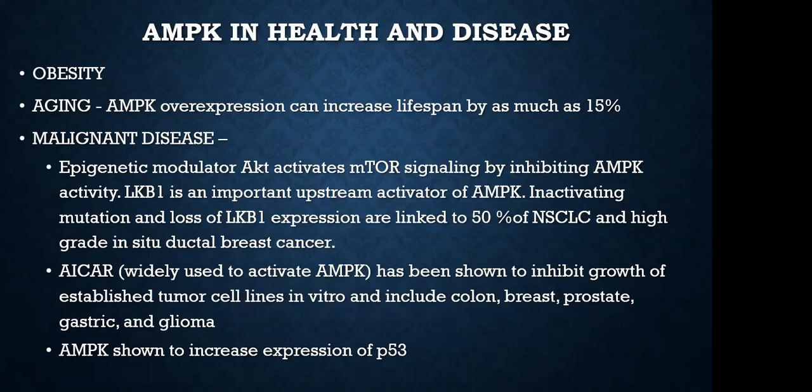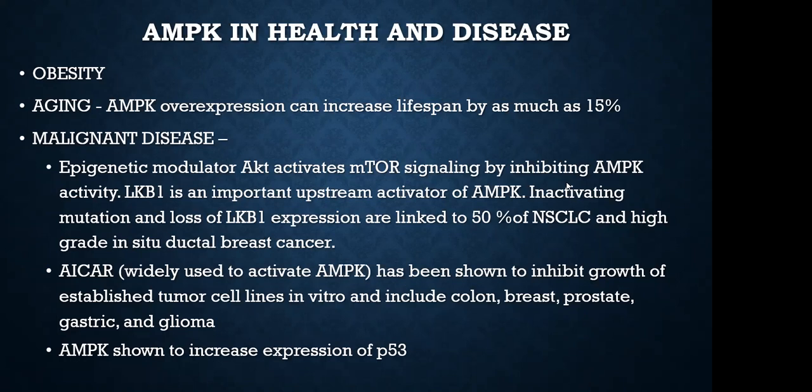So AMPK in health and disease plays a huge role in obesity, since it plays a key role in fatty acid production, and also in any kind of anabolic activities. It also plays a huge role in the regulation of blood sugar. Aging, what they found is AMPK overexpression can increase lifespan by as much as 15%. So again, increasing the AMPK within the system can be really beneficial.